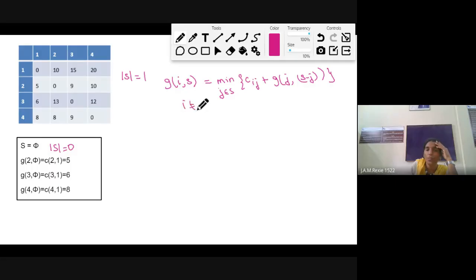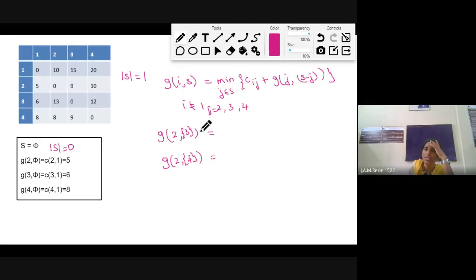Again here i should not be equal to 1, which means i will be 2, 3, 4. So g of 2, now the size of the set should be 1. So if I have to consider, then 3 alone can be considered or 4 alone can be considered.